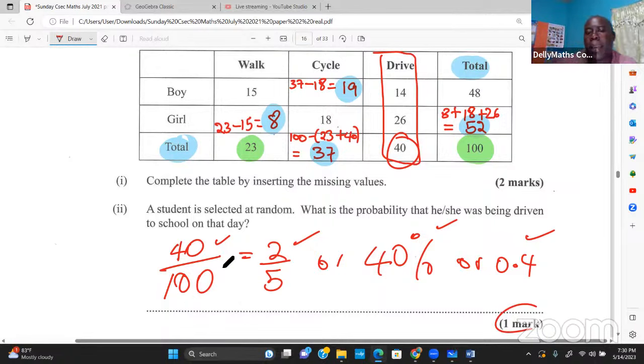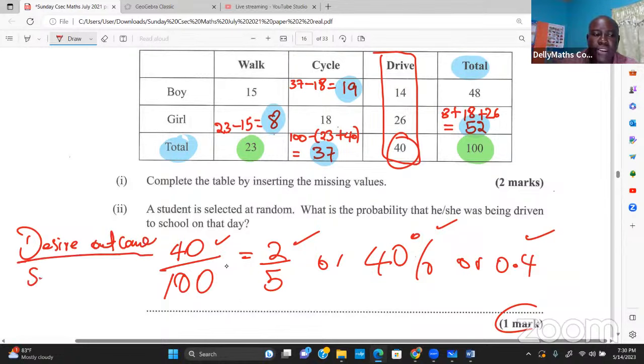And remember again, the probability is your desired outcome over the total possibility, what you call your sample space. Sample space is the total possibility. So the 40, our desired outcome, over 100, because that is 100 persons we're selecting from.